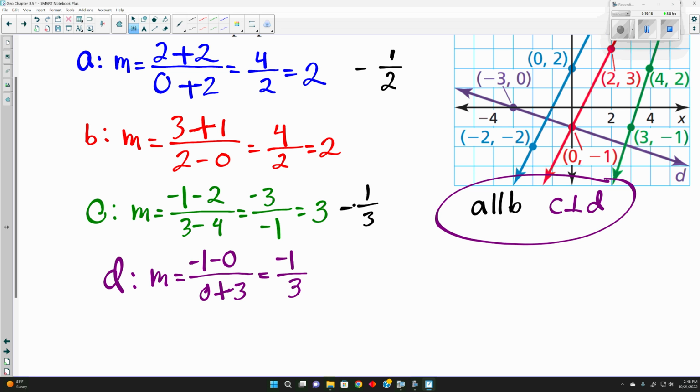I think it's just taking your time and doing this step by step. Parallel is the same, perpendicular is the opposite reciprocal. One way that we can always check it is if we multiply the two together for perpendicular, we get negative 1. The product of perpendicular slopes is negative 1.